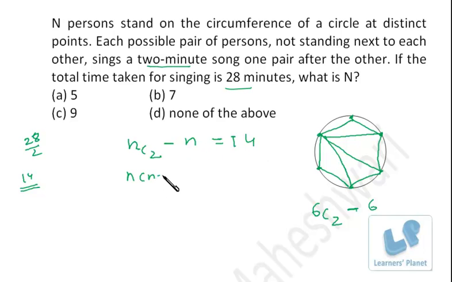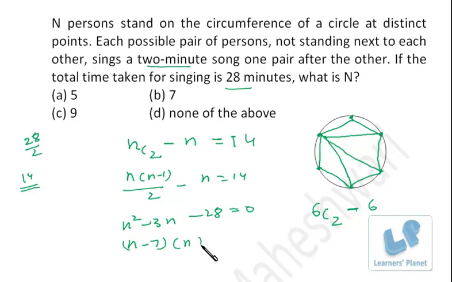Now just simplify it. So it's n square minus n minus 2n, so it's n square minus 3n minus 28 is equal to 0, (n minus 7)(n plus 4) is equal to 0. That means n is equal to 7.